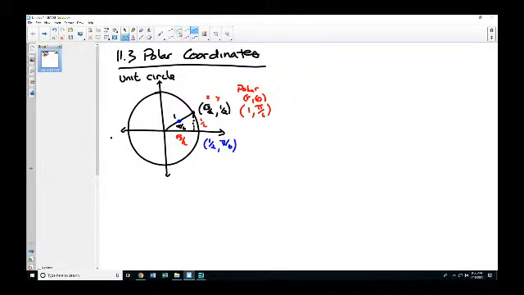Where would I plot? -1, pi over 2. Okay. What would this be?